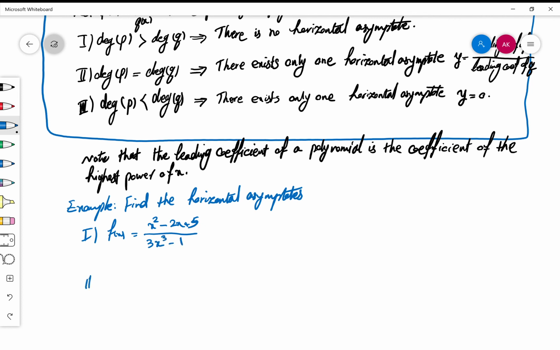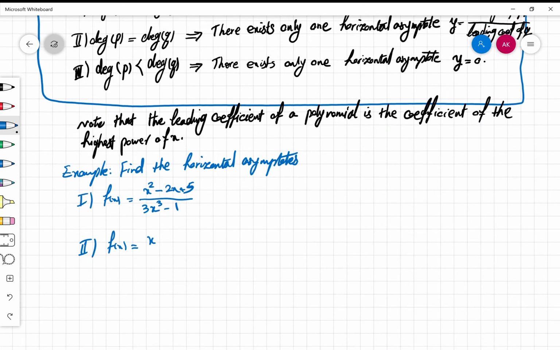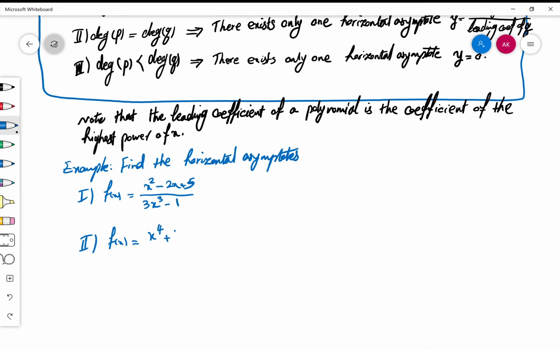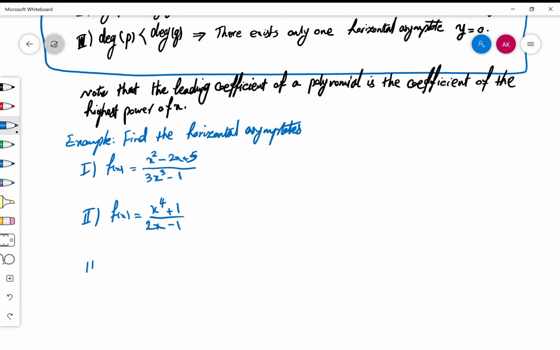The second one: f of x is x to the power 4 plus 1 over 2x minus 1. And the third one: f of x is equal to 3x squared minus x plus 10 over 2x squared plus x minus 1.